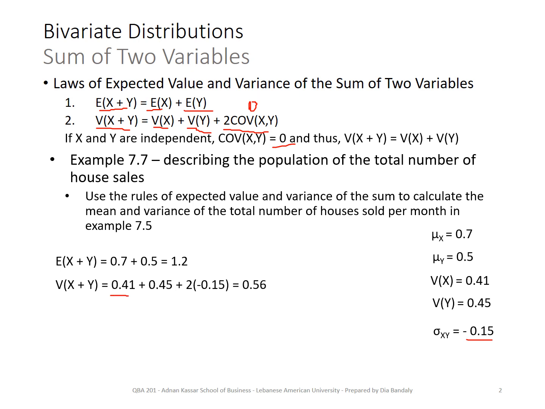So this is the variance of x, this is the variance of y, and this is their covariance. We multiply by 2 and we get 0.56. All right, so that's it.